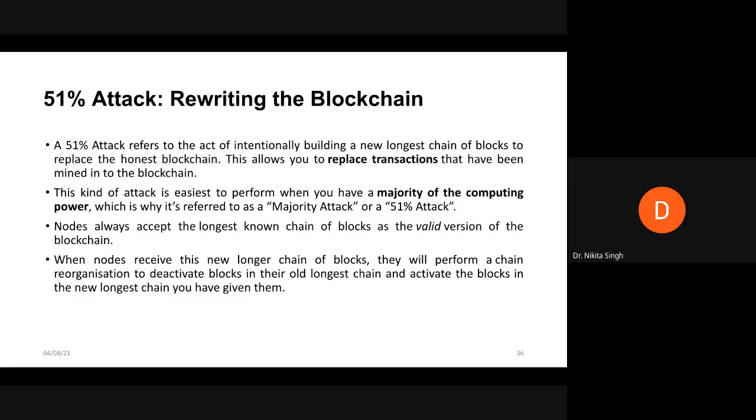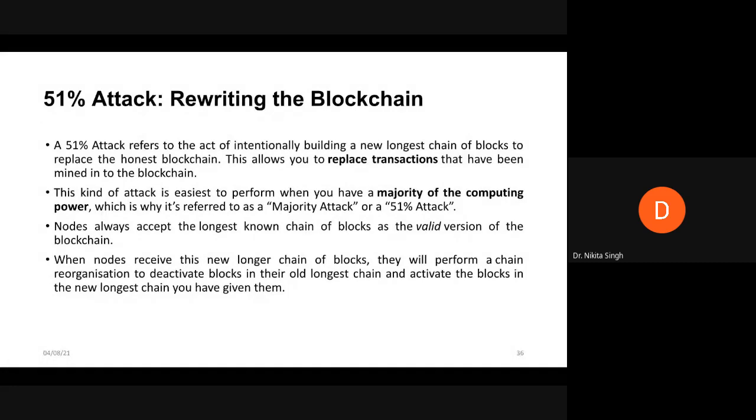But if you are able to control 51% of the Bitcoin blockchain, we need to see what will happen. So if you're able to control 51% of your network, that is, you're controlling the majority of the network, you are also controlling the majority of the computing power that is present on the network. So this 51% attack is also known as the majority attack.